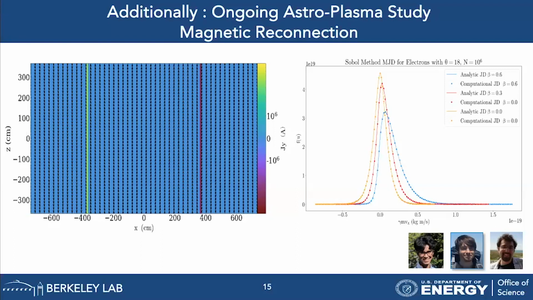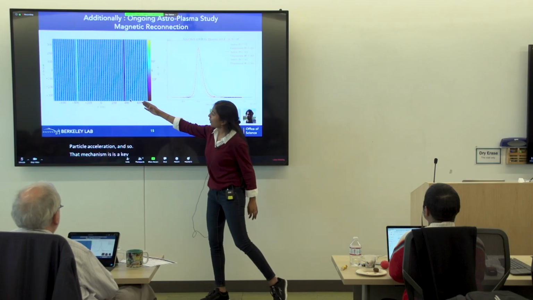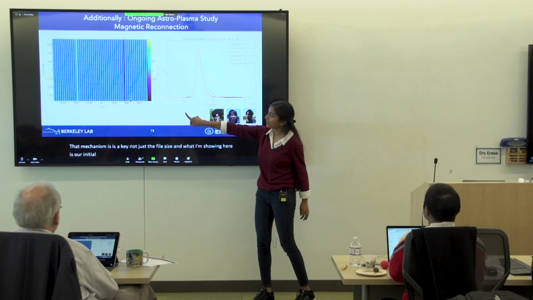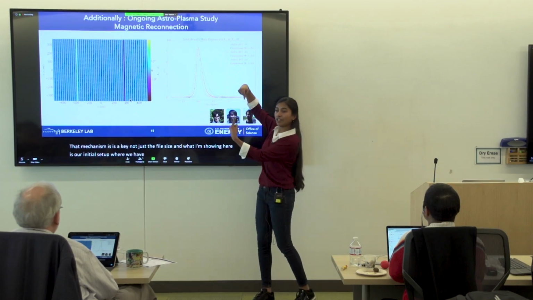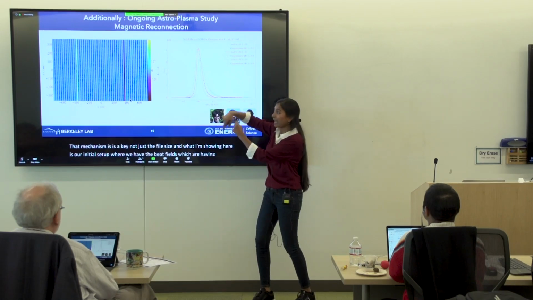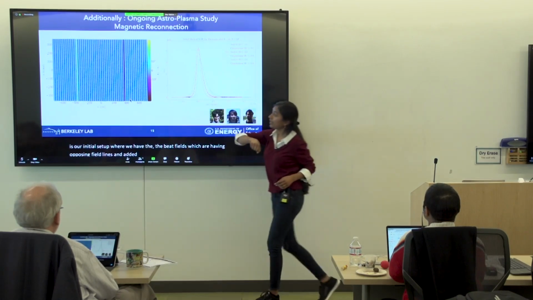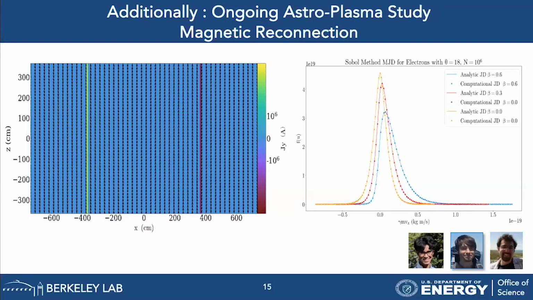That mechanism is key not just for pulsars. What I'm showing here is our initial setup, where we have the B fields with opposing field lines, and the current here is going into the plane and out of the plane right here.